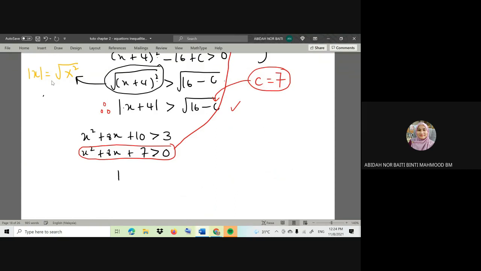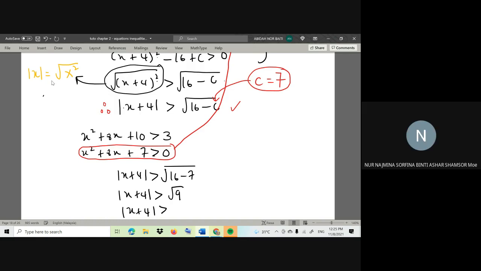Therefore, modulus of x plus 4 greater than, so we substitute C equal to 7. So, 16 minus 7. 16 minus 7 equal to what? 9. 9, madam. Square root 9 is 3. Then how to solve? Macam mana nak solve ni?